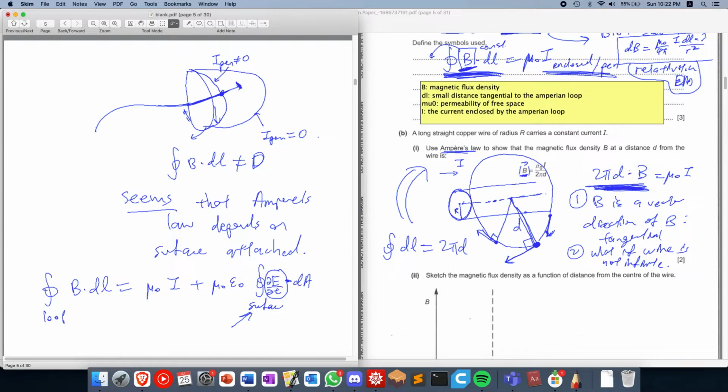We see that if we chose the outer Amperean surface, then when the current flows like that and just halts here, there'll be an accumulation of charges. Accumulation of charges is sort of like a capacitor, so charges build up here.